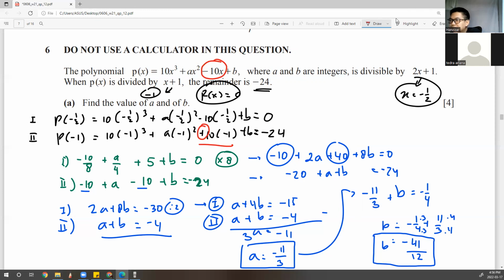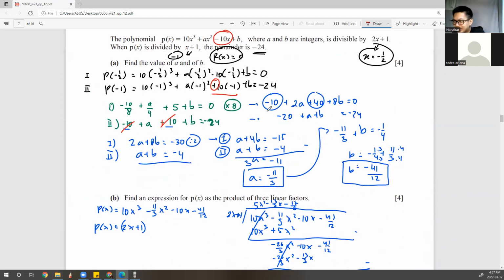Okay, so these are the silly mistakes. It has to be minus. So it has to be plus. It has to be crossed out. We did everything wrong. Okay, but you know how to do it, right? You know what's the mistake, right? It has to be negative 10.